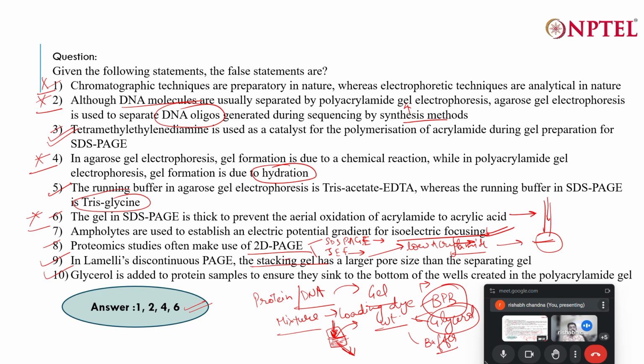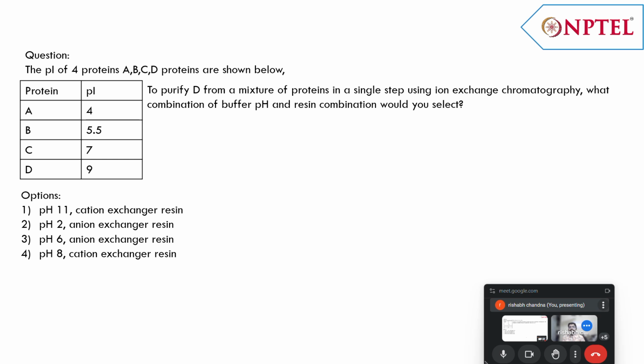If not, then we'll move on to the next question. The pI of four proteins is given here, and if we have to separate protein D from a mixture of proteins in a single step using ion exchange chromatography, what combination of buffer pH and resin would you select? So what can be the correct answer?